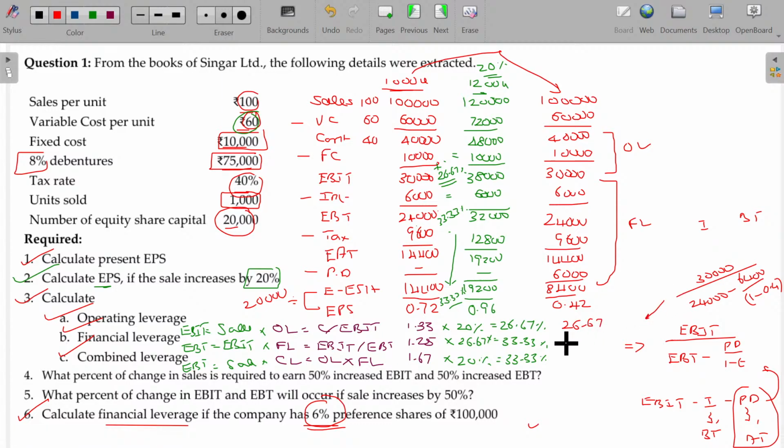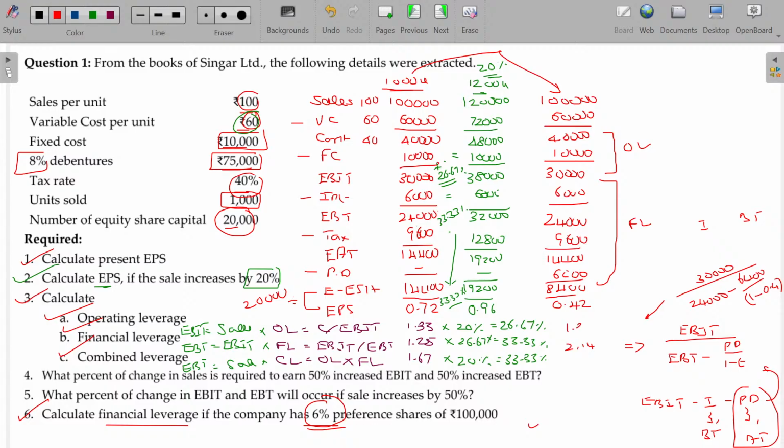I think it is 2.14. 2.14. What's the value? Come on. Yeah, 2.14. Okay, this one, 1.23.